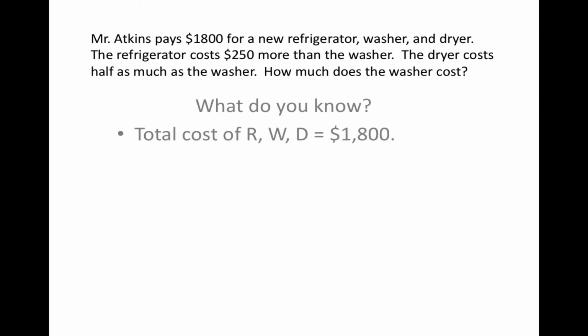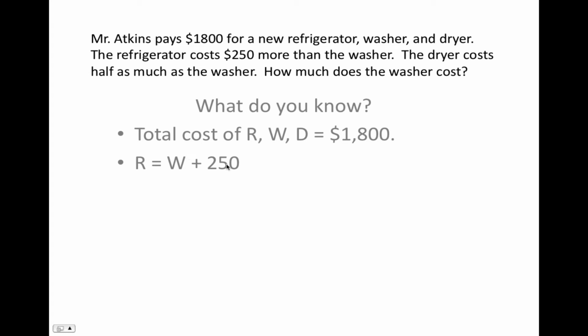Okay, so what do you know? We know that the total cost of the refrigerator, washer, and dryer equals $1,800. It told us in the very first sentence. So let's write that down. The next thing we know is that the refrigerator equals the cost of the washer plus another $250. It tells us right here the refrigerator costs $250 more than the washer.